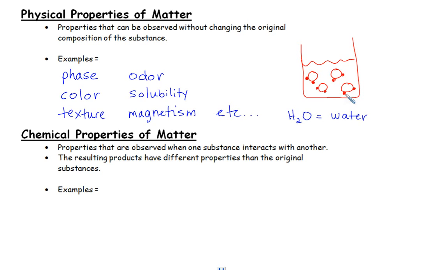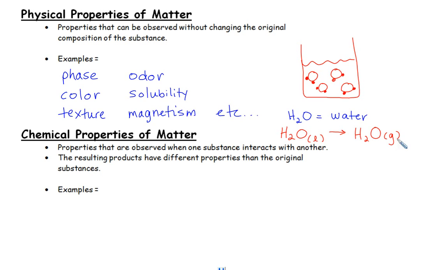Okay, so now let's say I have a phase change. Let's say I want to evaporate the water. I want to go from H2O in the liquid phase and change it to H2O in the gas phase. Notice, if I write it like an equation, the H2O molecule did not change in any way. That's a physical change.